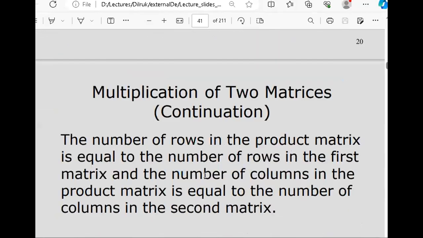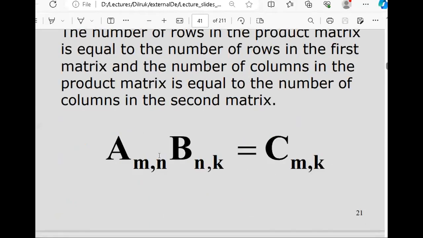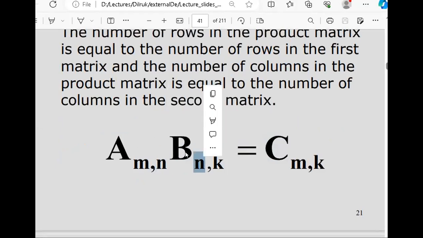When you multiply two matrices, make sure that the inner dimensions match. The number of columns of matrix A should be equal to the number of rows of matrix B if you want to multiply.